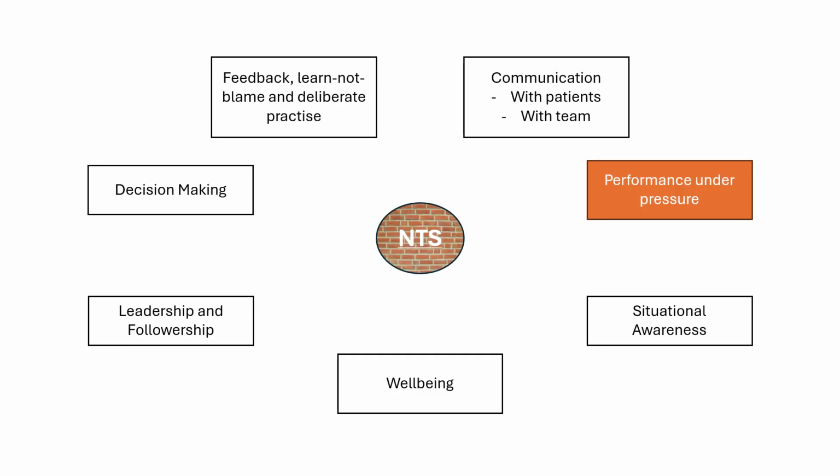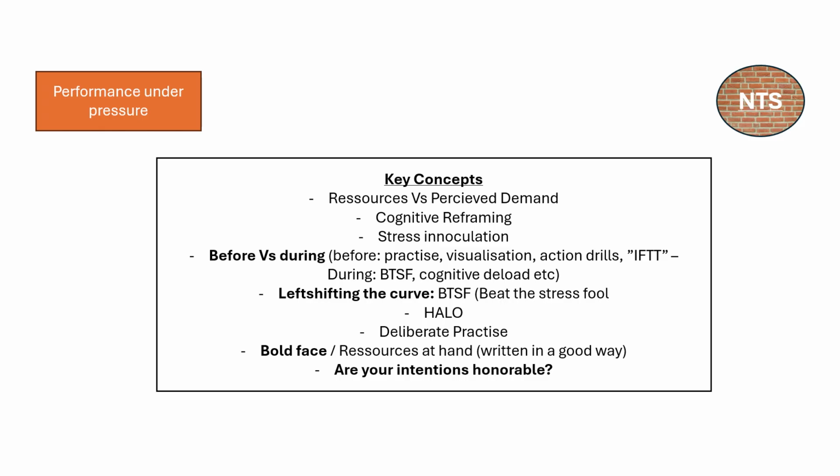Performance under pressure. I've already done a lecture on performance under pressure in my Halo lectures and also in part 2 of the neurological lectures that I showed you earlier. I'll show it again. But in general, a key concept is that when we have to perform under pressure, our amount of stress depends on what our resources are and how high the perceived demand is.